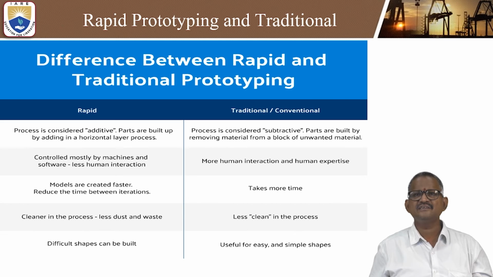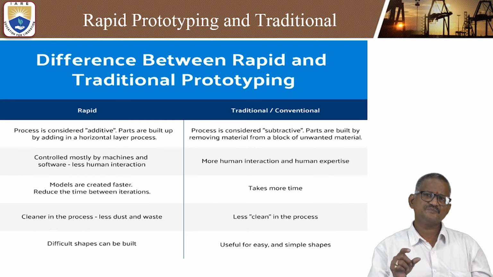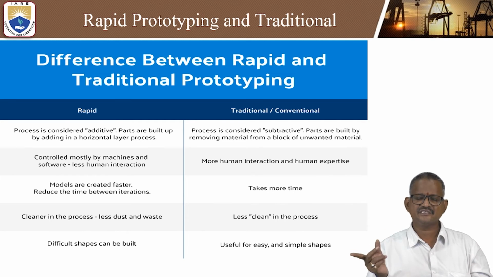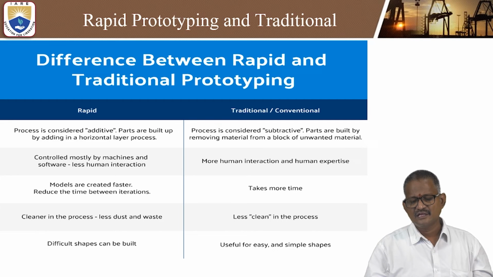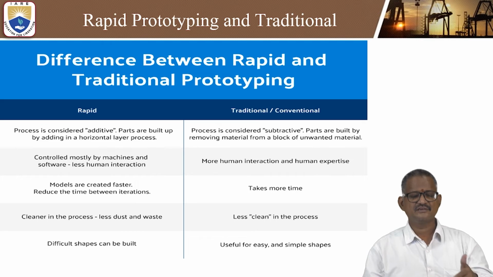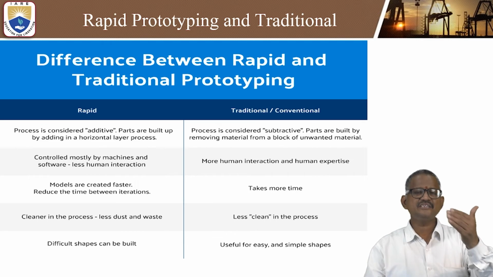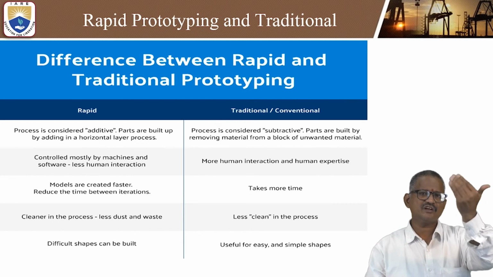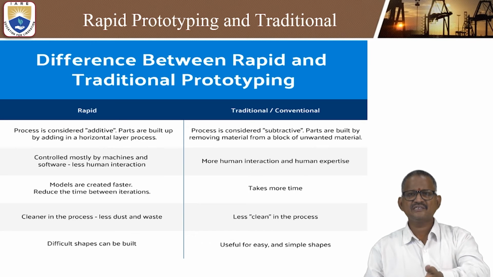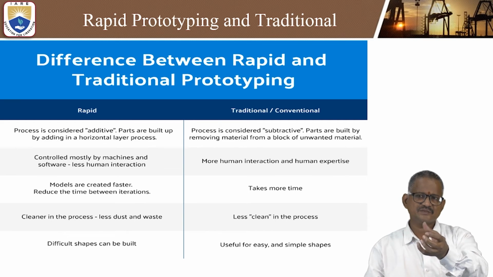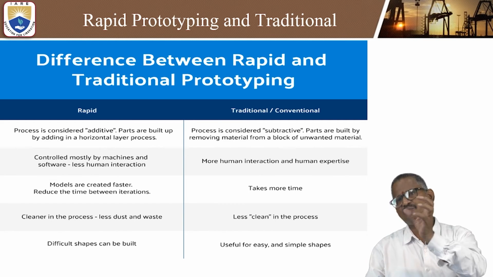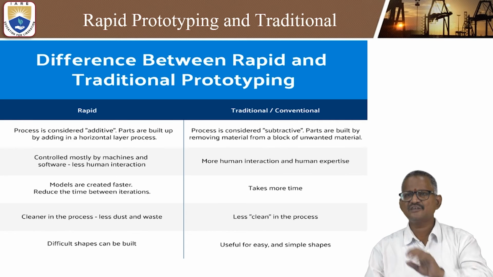And let us see the basic difference between rapid prototyping and traditional. In general, traditional means subtractive. 3D printing means additive: by adding layer by layer, you can call it 3D printing. But traditional or conventional means subtractive. What is the effective amount of material, men and machine is also important.